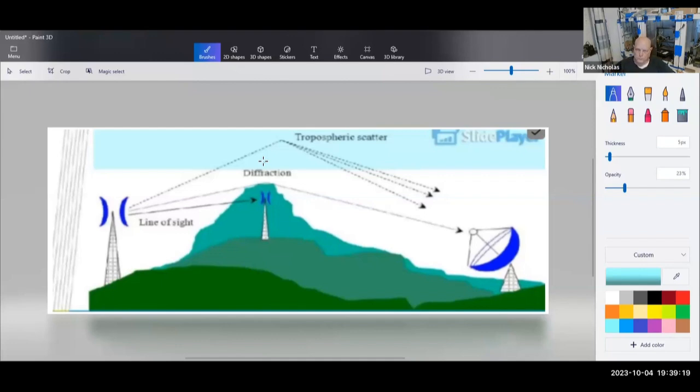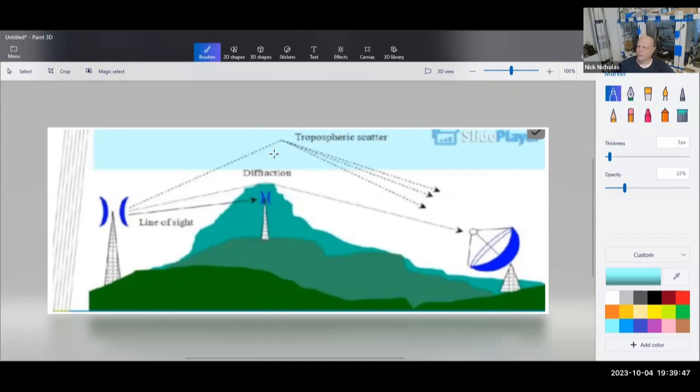So when the humidity is just such, UHF and VHF frequencies can bounce off the lower portion of the atmosphere, but above, of course, where we are, where the clouds are. And this is called tropospheric scatter.